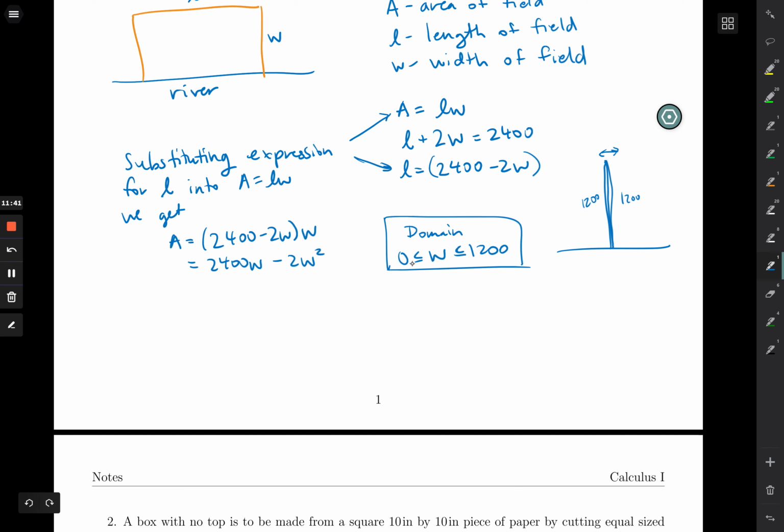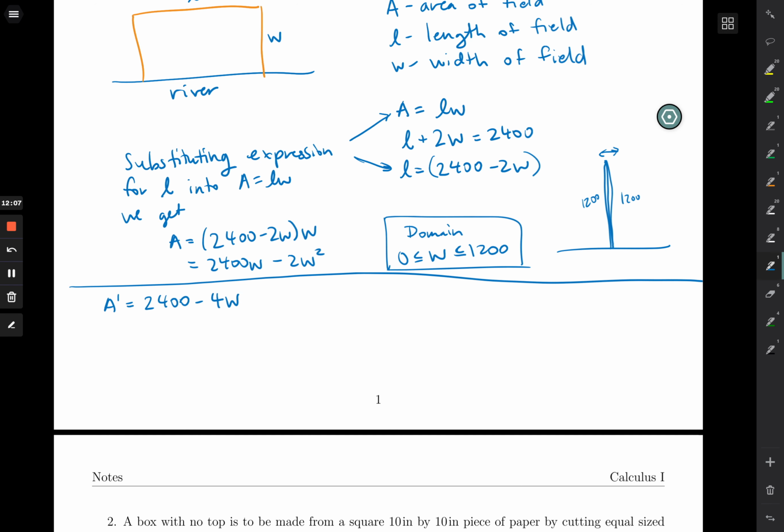And we want to take the derivative now of A. Okay, so now we're working on the maximization part. So we'll take the derivative of A with respect to W, A being a function of W. So we would get 2,400 minus 4W.